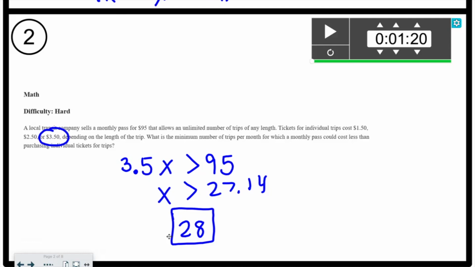So there's no way to have fewer than 28 trips and still have 95 be worth it. Let's say it asked for the maximum number of trips, then it would be 27. You would take 3.5x and make it less than 95. Is it like that? Yes.